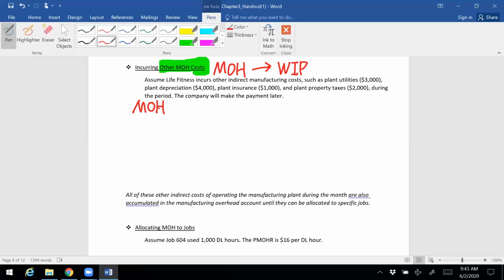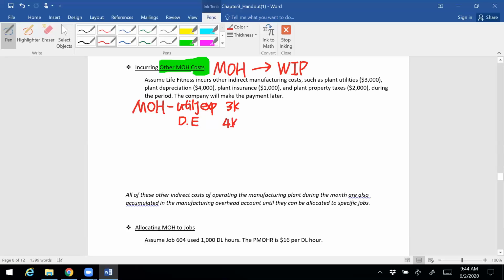So we have this manufacturing overhead, and what does it include? It includes utility expense, $3,000, and depreciation expense, $4,000.